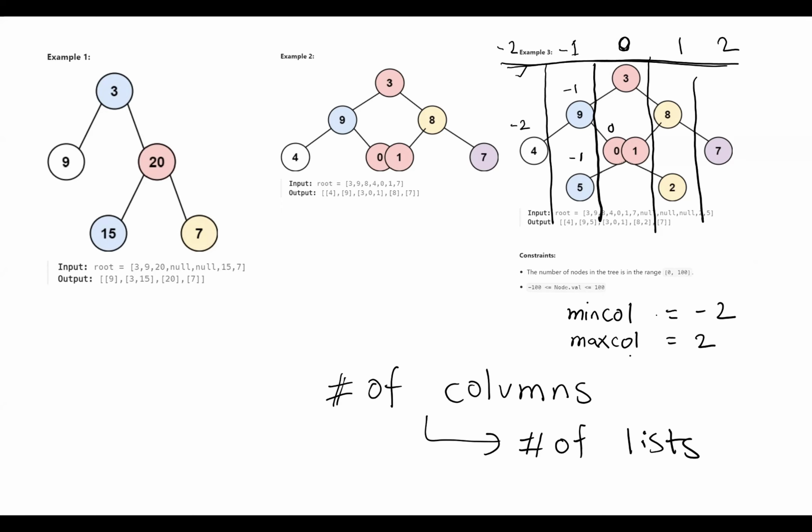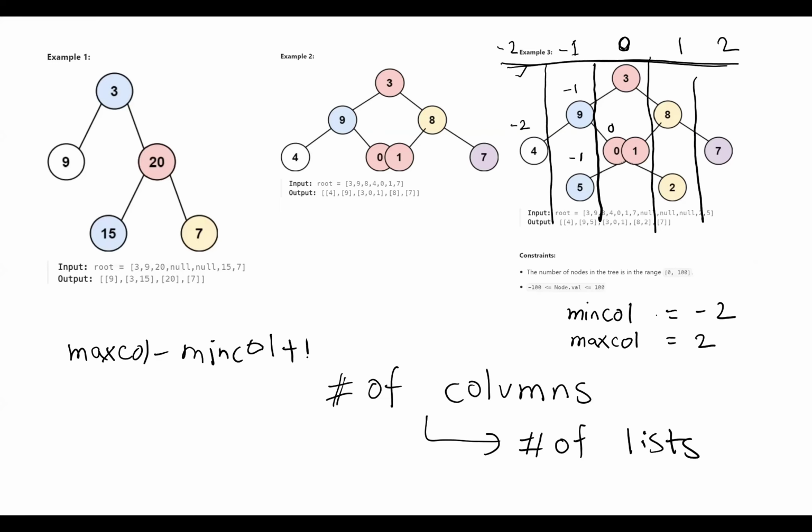From the min column and max column values, we know how many total columns we have: -2, -1, 0, 1, and 2. So the formula is max column minus min column plus 1.